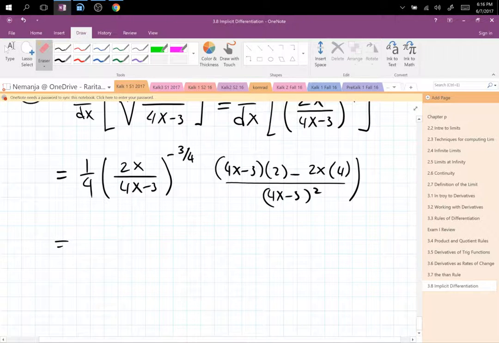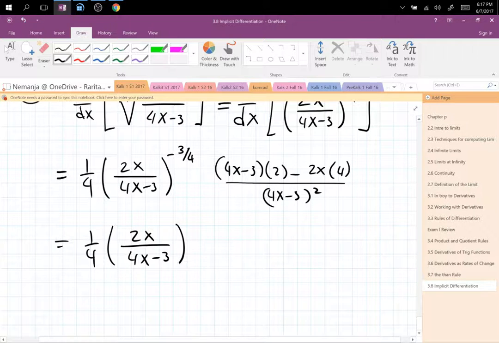I actually don't need these parentheses. So if you flip the thing, you lose the negative.